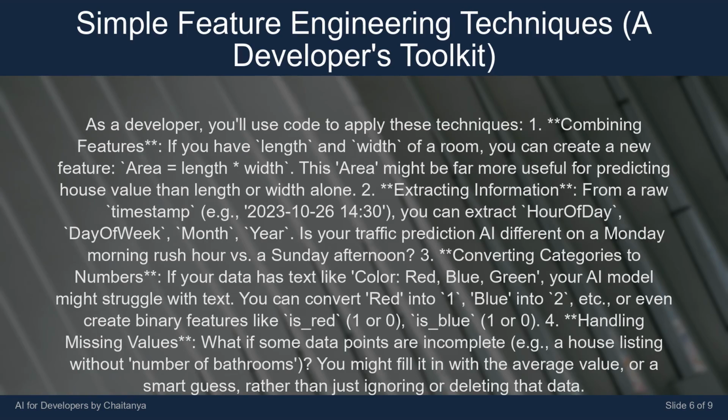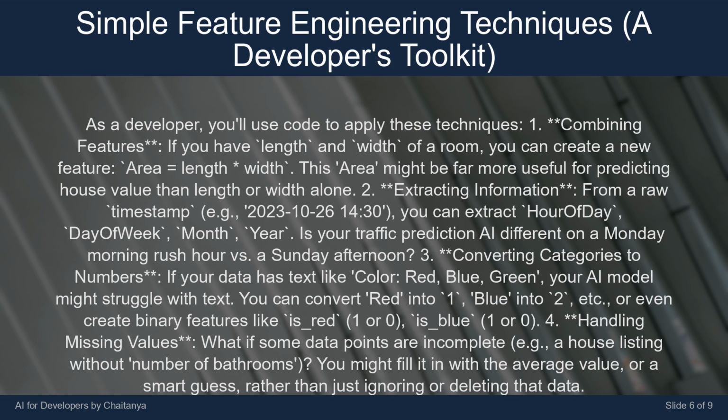1. Combining features. If you have length and width of a room, you can create a new feature: area equals length times width. This area might be far more useful for predicting house value than length or width alone. 2.